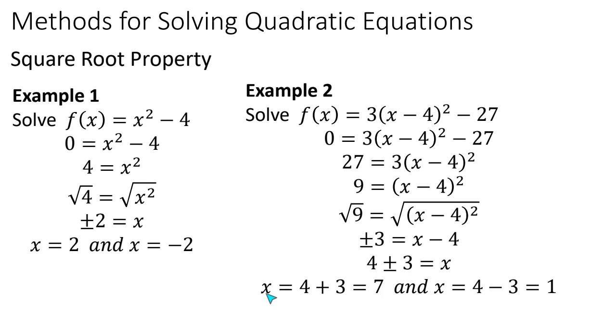There are going to be two solutions: x is equal to 4 plus 3, which is 7, and x is equal to 4 minus 3, which is equal to 1. Don't forget the reason we're doing this: how it relates back to the graph is these 2 points where the graph is crossing your x-axis.